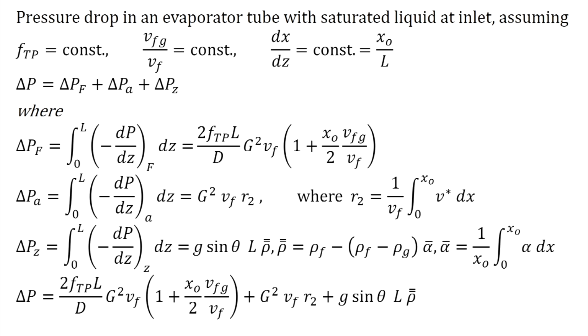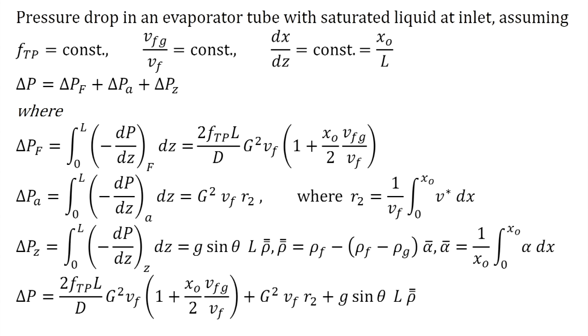And for the acceleration pressure drop, we integrate the acceleration pressure gradient and get g square Vf R2, where R2 is equal to 1 by Vf integral 0 to xo V star dx. Delta Pz is the integral of dp by dz z, and this is equal to g sin theta L rho double bar, and this is the same as what we got for the separated flow model.